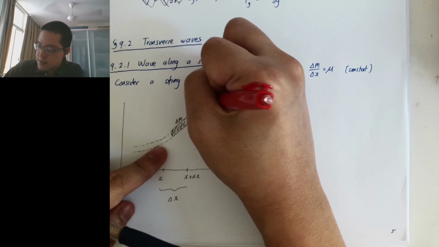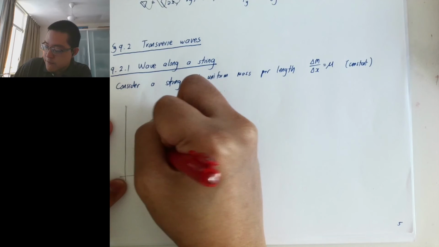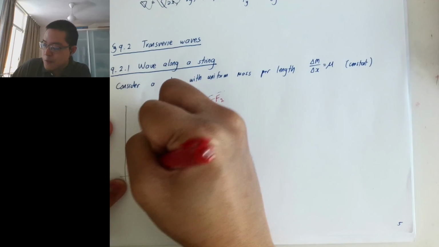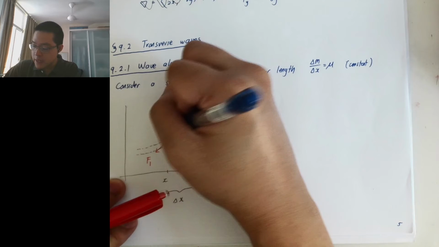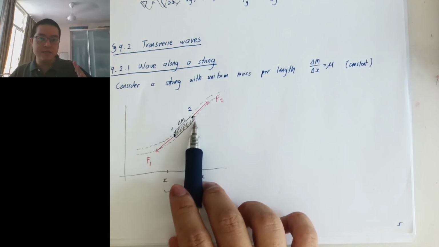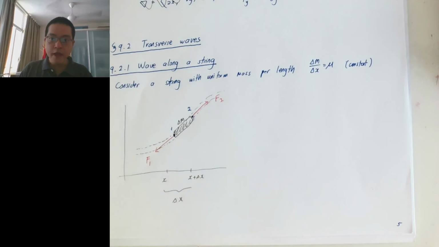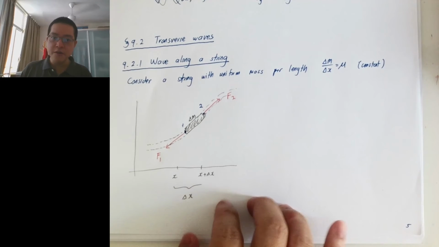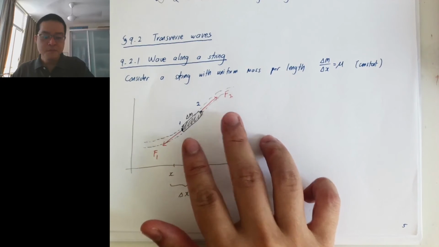I'll call this position 1, and this point is point 2. At this point it will experience the tension, which I will call F2, and the tension F1 over here. Do you guys follow the reason why I draw this free body diagram so far?